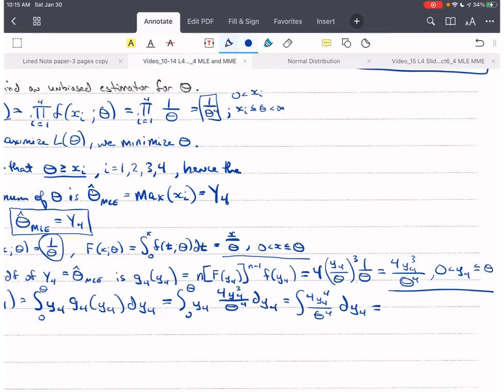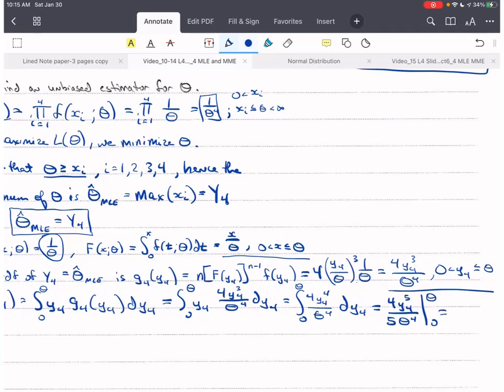So we end up with 4 y4 to the 5th over 5 theta to the 4th, and we're going from 0 to theta. And so we substitute in. If we substitute in 0, we get 0.